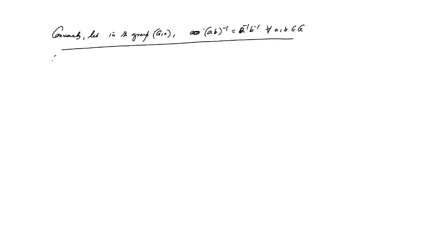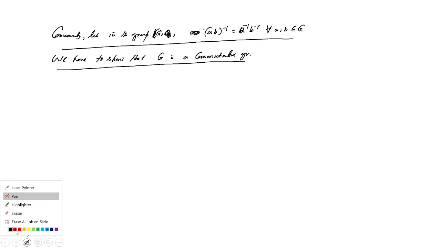Conversely, let in the group G, (AB) whole inverse be A inverse B inverse for all A, B belongs to G. What we have to show is that G is a commutative group. That we have to show.